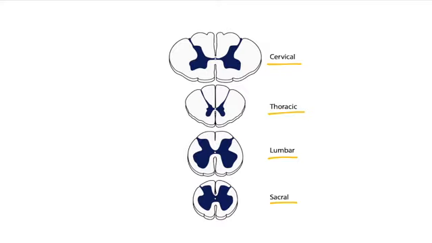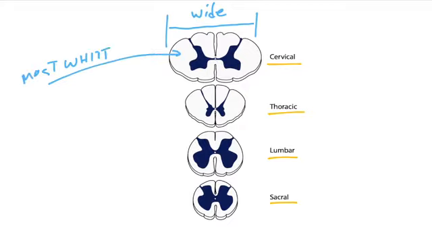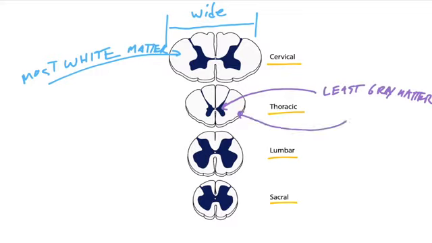So first, it's really important to just recognize that the cervical spinal cord has this wide appearance. You'll also notice that it has the most white matter. And then the thoracic level has the least gray matter, but it also has a lot of white matter. So you get this interesting appearance with a lot of white matter and this just skinny looking gray matter.